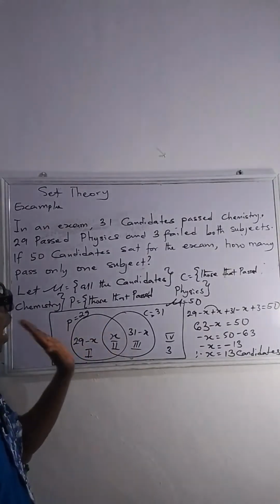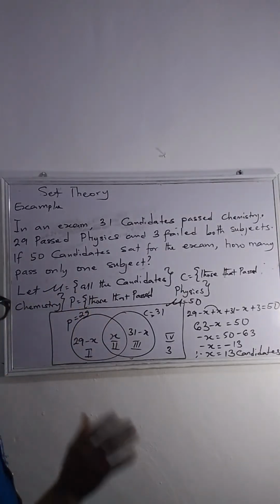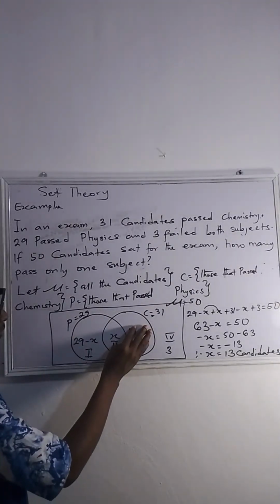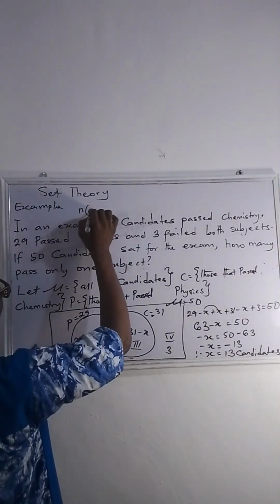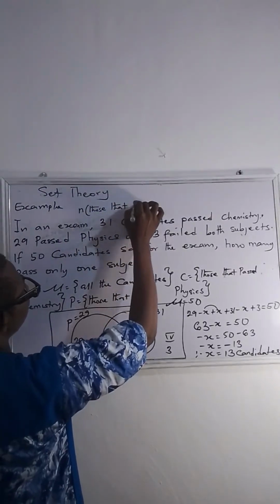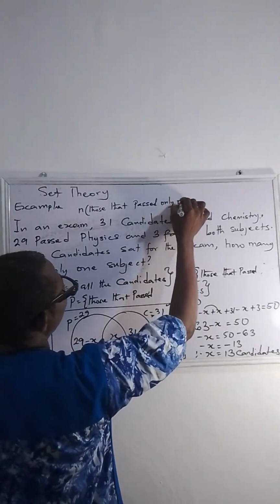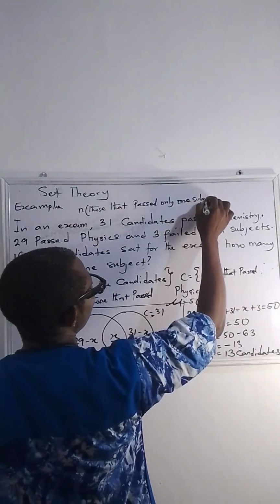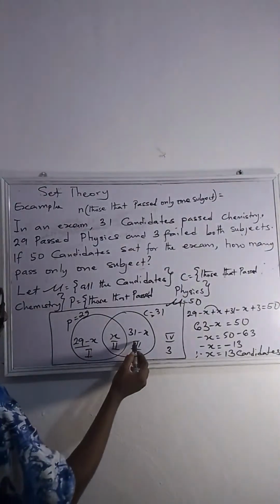Now the question is, how many passed only one subject? What the question is asking for is those that pass only physics and those that pass only chemistry. So we write here: the number of those that passed only one subject will be the addition of this and this.